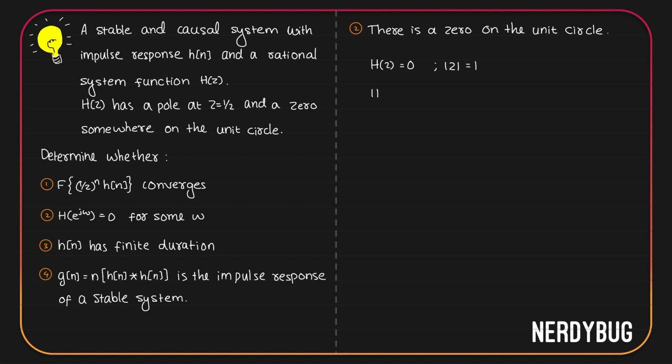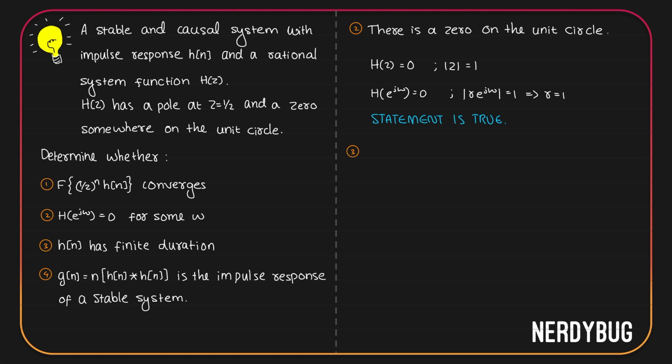So we can write h of r e raised to j omega is equal to 0 for some value of omega when magnitude of r e raised to j omega is equal to 1. But magnitude of e raised to j omega is already 1. So the condition here is r is equal to 1. If r is 1, instead of r e raised to j omega, we can simply write e raised to j omega. Then we can see that the statement is correct. H of e raised to j omega is 0 for some value of omega when r is 1.